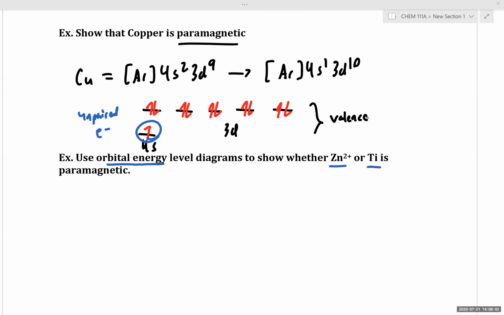I would check to make sure that for zinc, you're writing out the correct configuration for zinc 2+, keeping in mind that irregular configurations are only typically common for neutral transition metals.